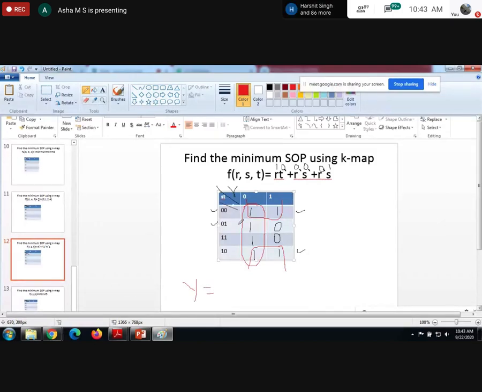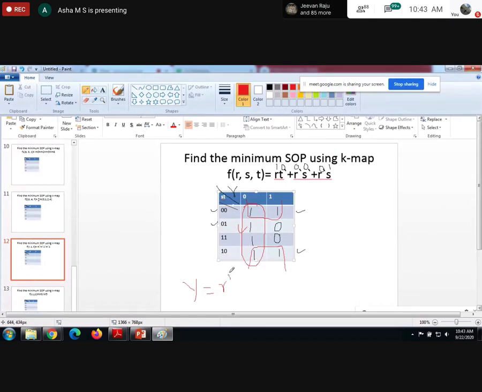Let me write for this. So this is the value of R. R is 0, so that is R bar. So what about S and T? See, S and T will get cancelled. So 0, 0, 1, 1 will get cancelled. 1, 0, 1, 0 will get cancelled.